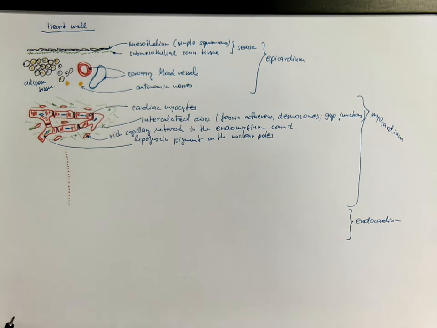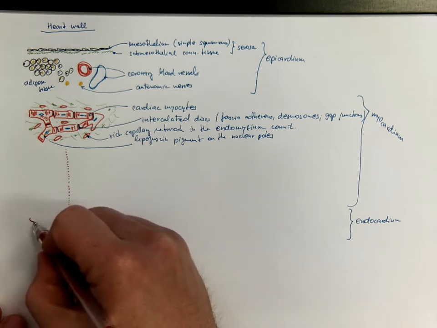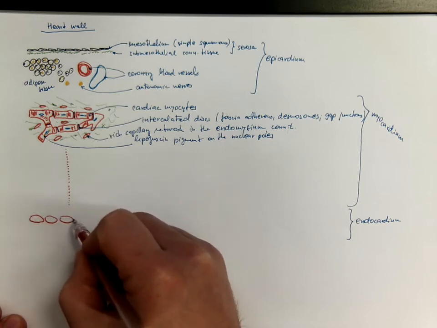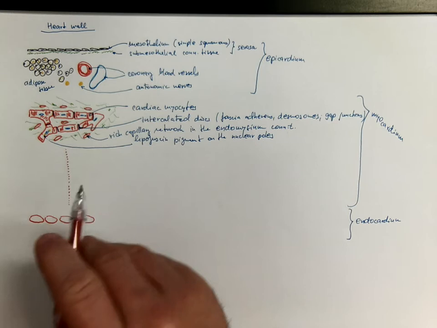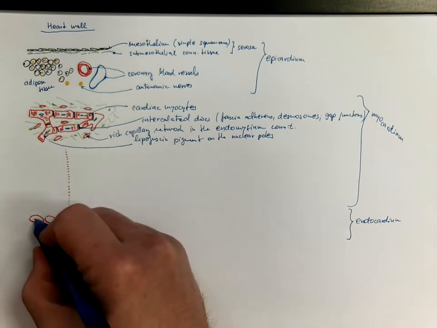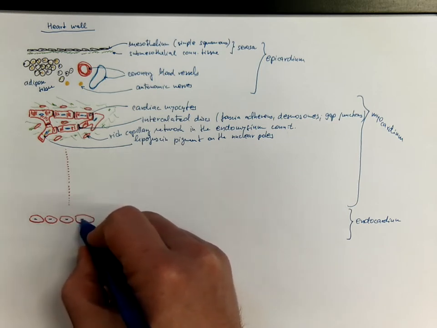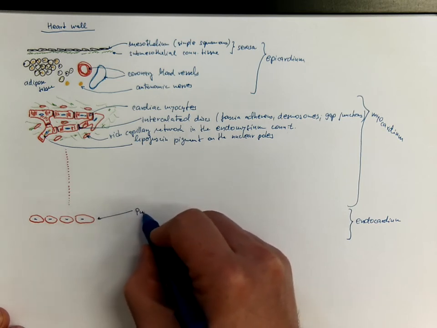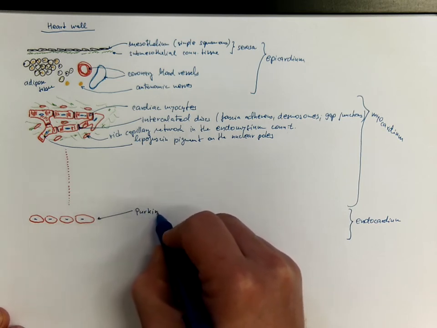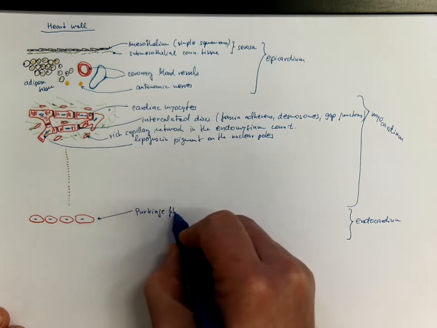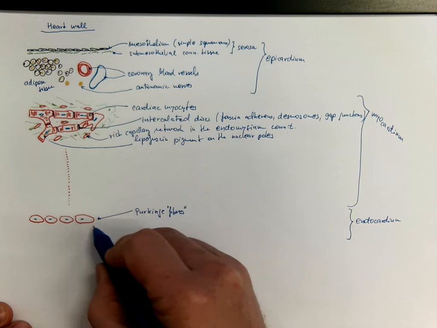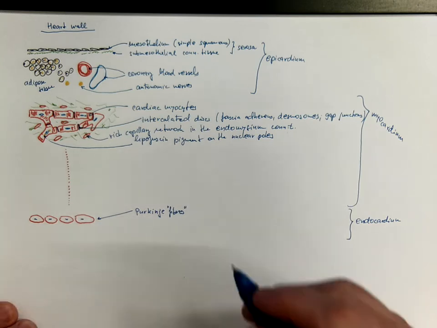Below the endocardium, in the ventricles, you might find special cardiac muscle cells called Purkinje fibers. The Purkinje fibers are actually cardiac myocytes.